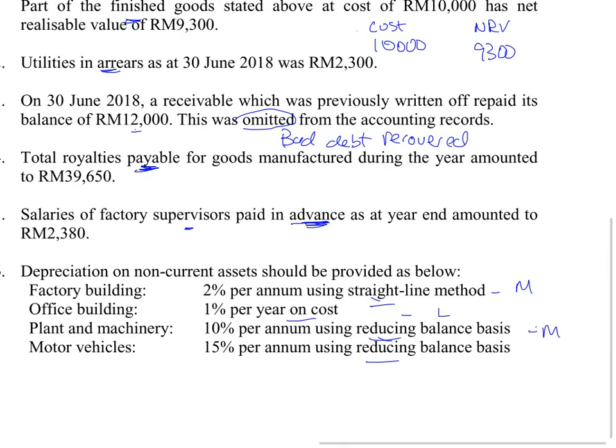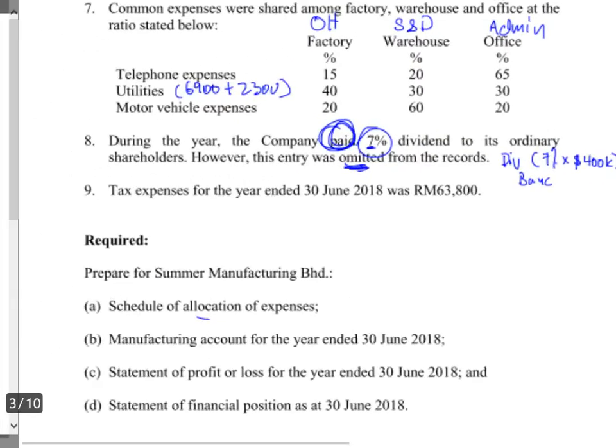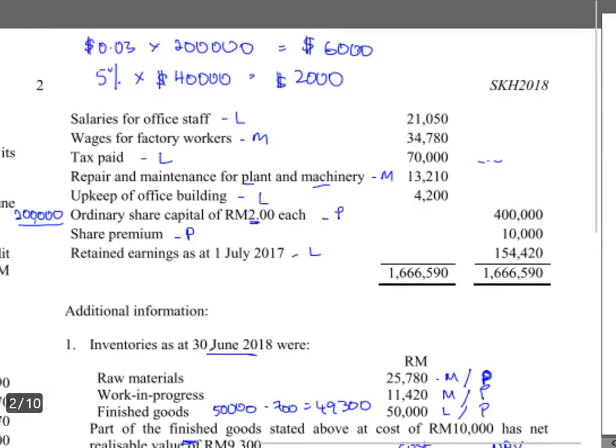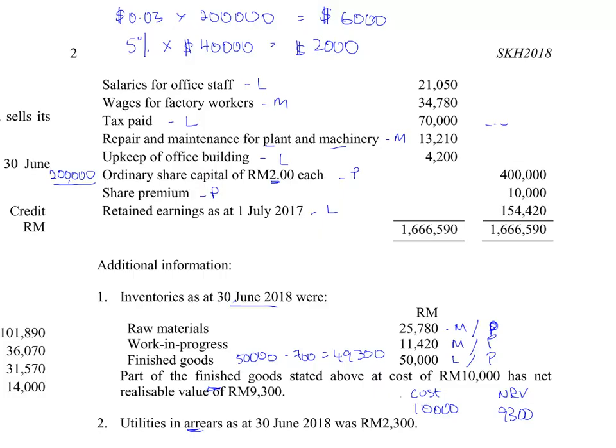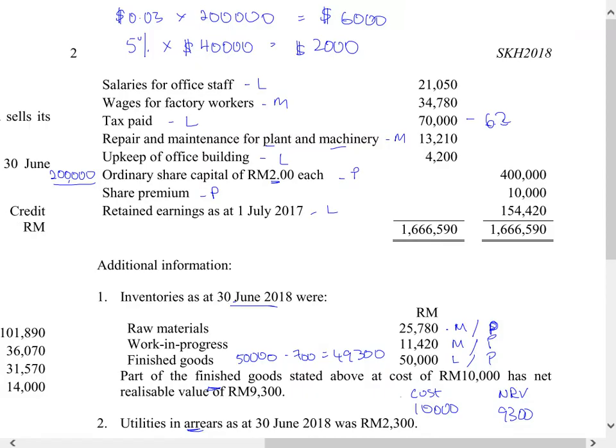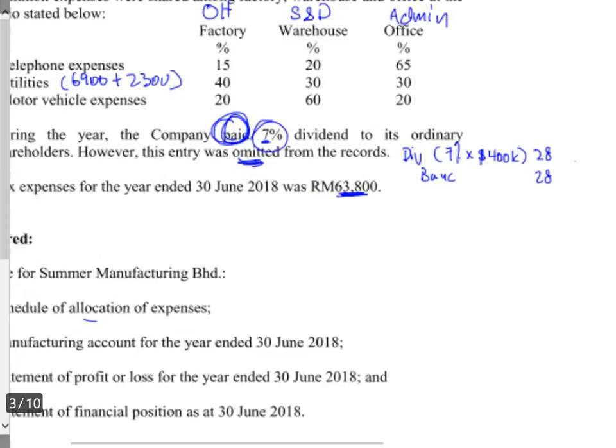Current liability. Last one. Tax expense should be 63.8. How much have I paid for my tax? Paid 70. I have overpaid. So prepayment, minus 6,380.